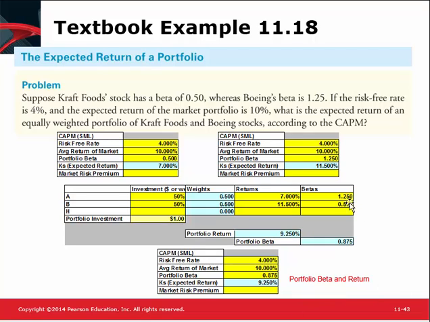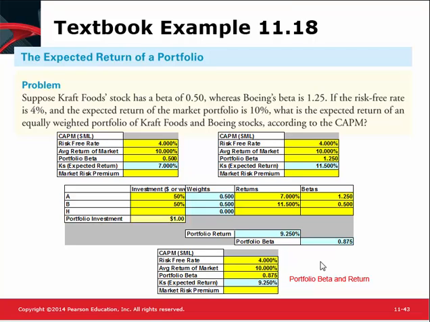If you plug in the betas in this beta and return calculation, again, we'll end up with a portfolio that has a beta of 0.875. Now, if you plug the 0.875 in the same CAPM security market line component on that worksheet, you'll find that it predicts that this portfolio should earn a return of 9.25%, which again you can see is exactly equal to what we calculated up above.